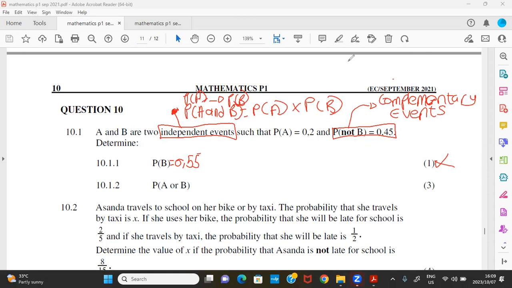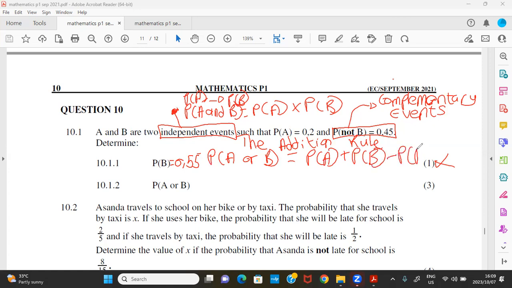So for the probability of A or B, when we are dealing with independent events, we look at the addition rule, which basically tells us that the probability of A or B is equal to the probability of A plus the probability of B minus the probability of A and B.